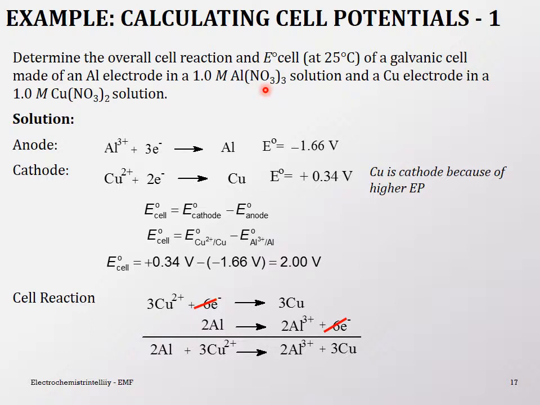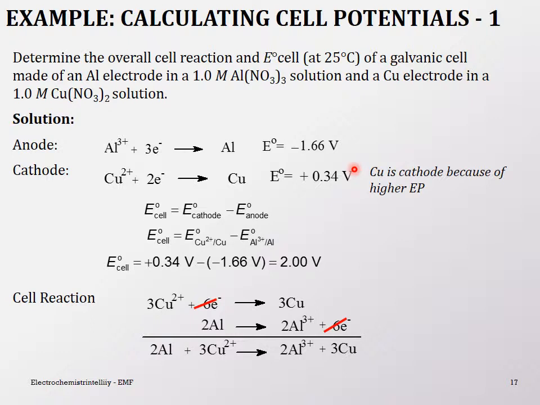So you write the two equations out, where you have the aluminum and the copper. Why did we decide that aluminum is going to be the anode and copper is going to be the cathode? That has to do with the electrode potential. Copper has the higher electrode potential, which means that copper is going to be your cathode. Aluminum has the lower one, so that is the anode. That's all it is.